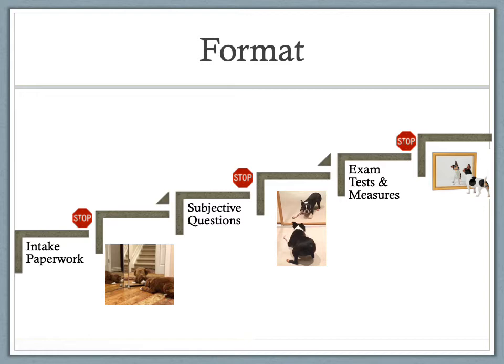Has something been rank ordered higher versus lower and vice versa? And then we're also going to do an exam, tests, and measures, stop, and then hopefully reach a point where we have a really refined clinical impression or hypothesis, using the reasoning that we've gone through.